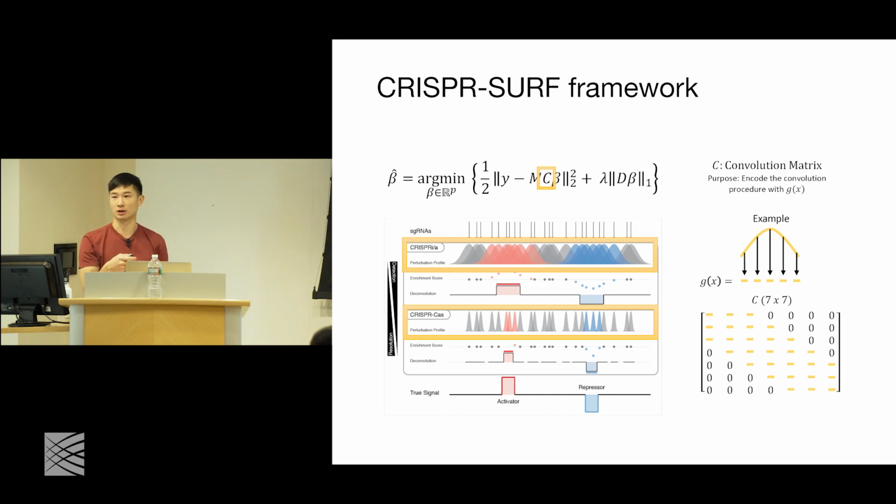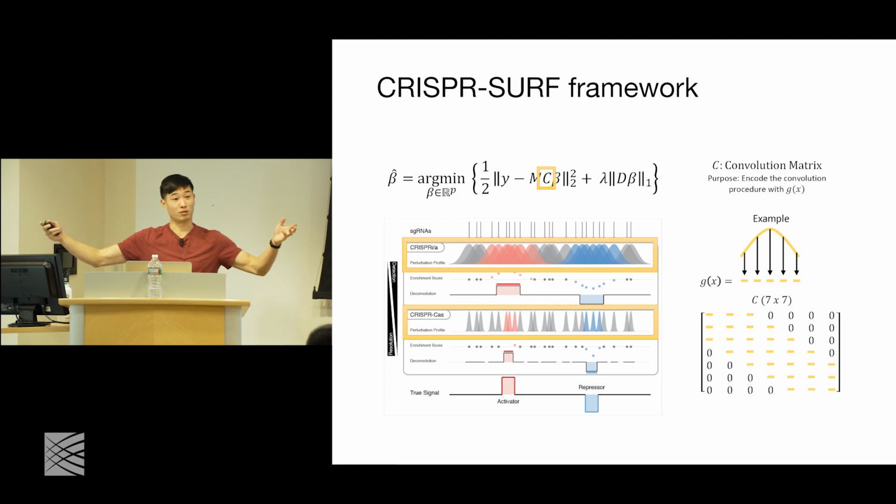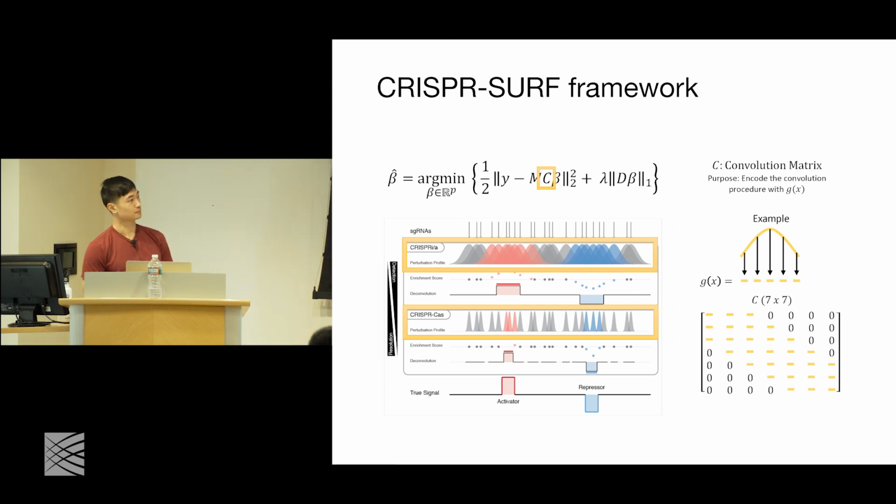Once you're in the middle of the regulatory element, it's hard to say if it's an extremely wide element or if the convolution profile is just wide. But on the edges are well-defined boundaries that you know that you're extracting the true properties of the CRISPR perturbation rather than the functional element. Does this kind of make sense to everyone?